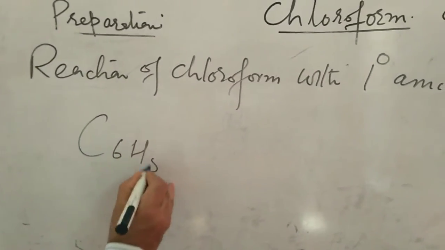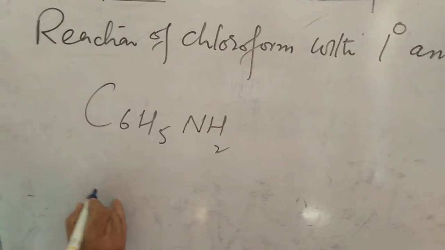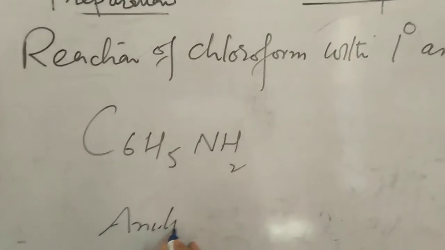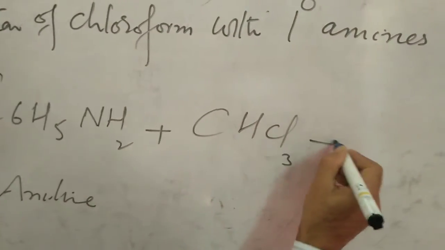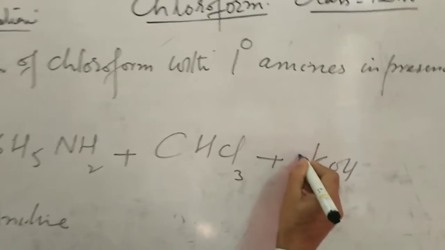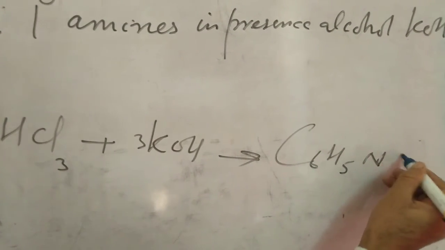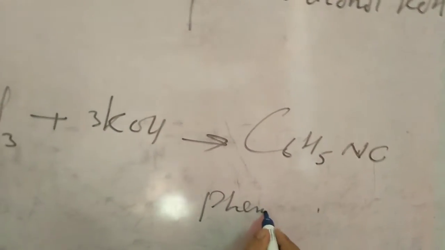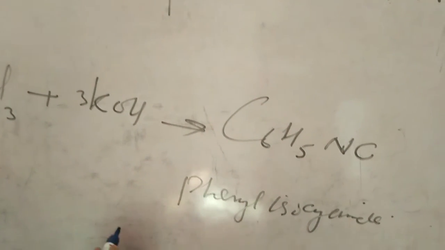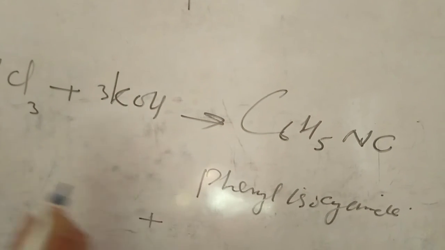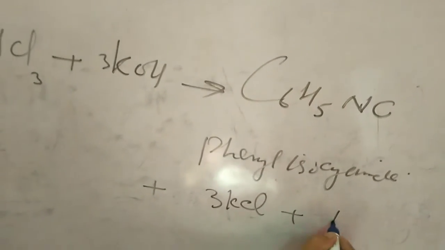It is primary amine, this aniline, C6H5NH2 plus chloroform plus potassium hydroxide, it will give phenyl isocyanide plus potassium chloride and water will be formed.